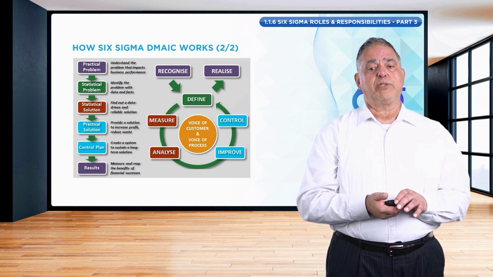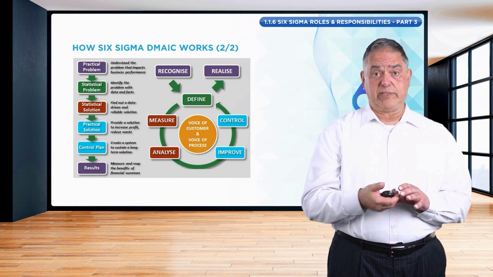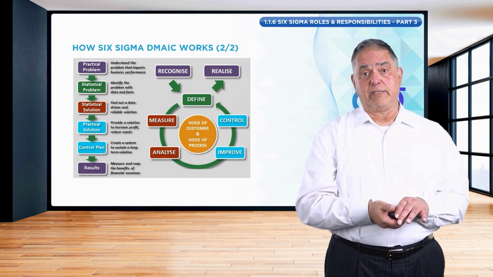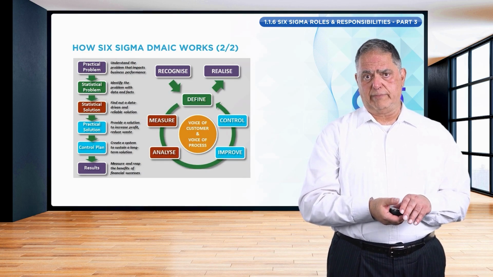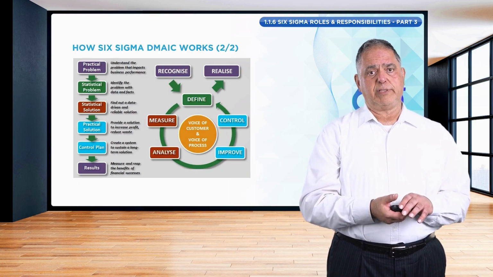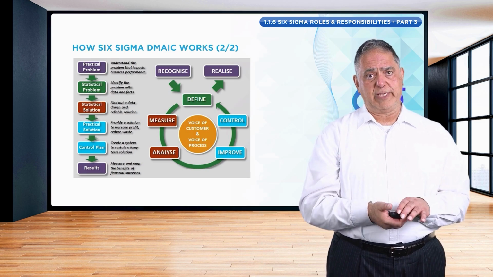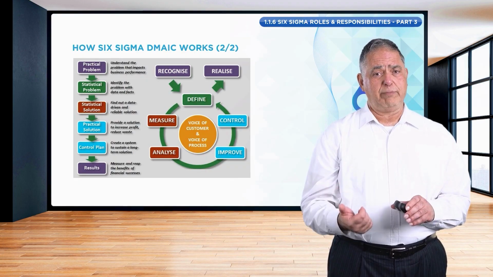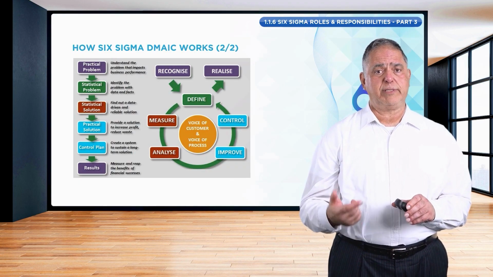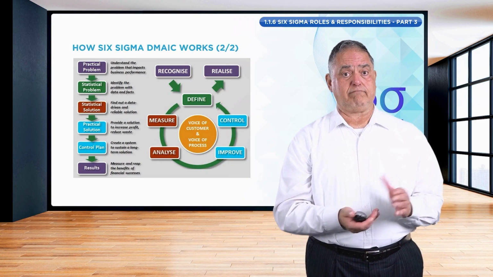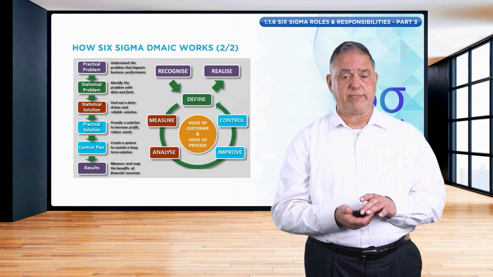And once we have made all the changes that we decided should be piloted and implemented, then we have a very good understanding of the process. So during the control phase, we monitor the improved process to make sure that it's stable, it meets customer requirements, and the changes that we made had the anticipated effects.